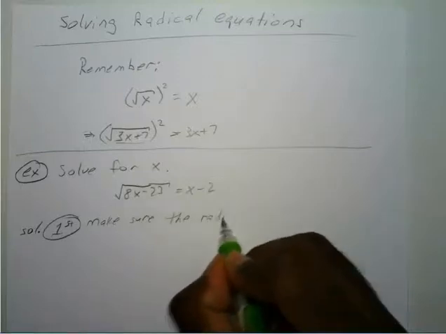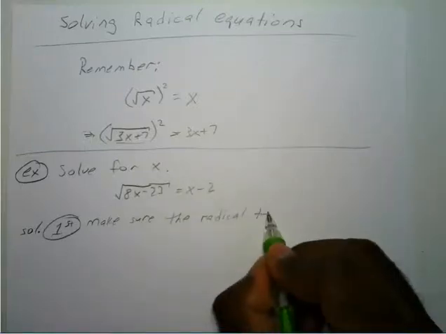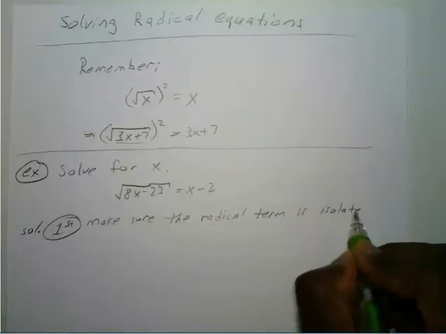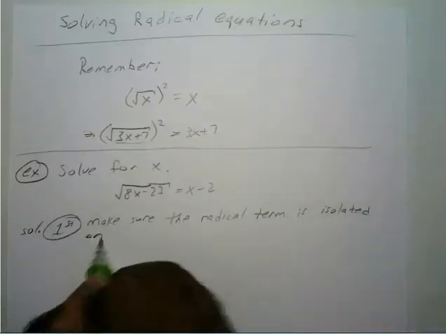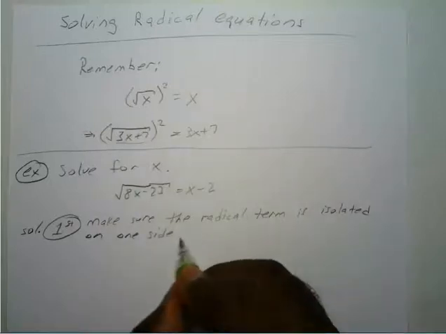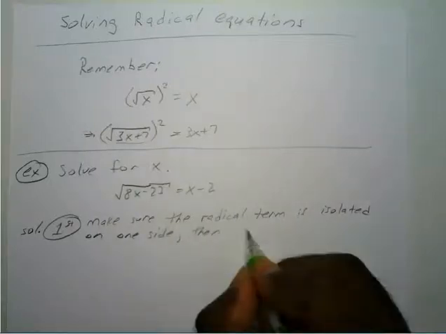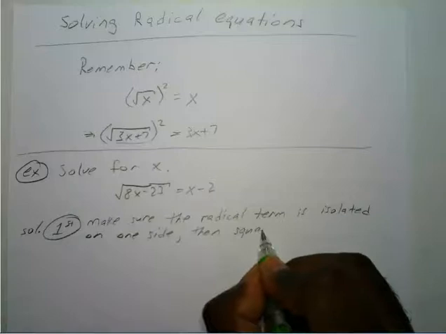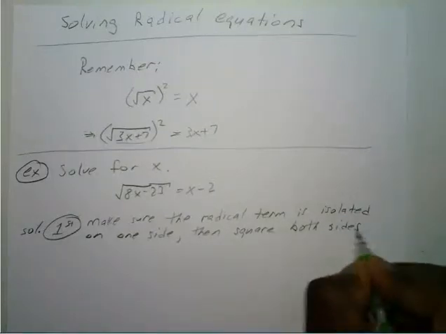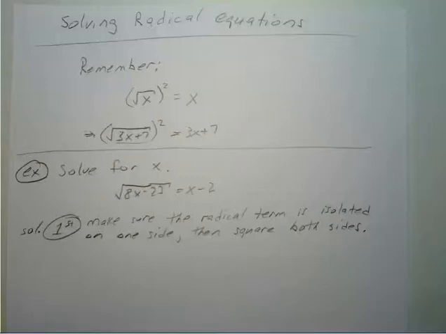The radical term is isolated on one side, then square both sides. That's what you want to do.